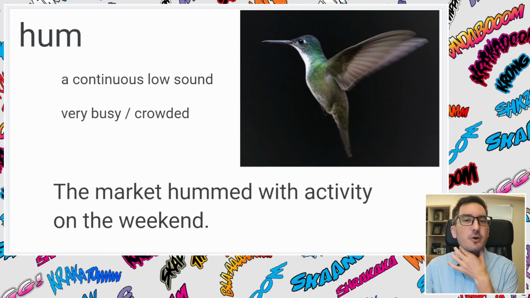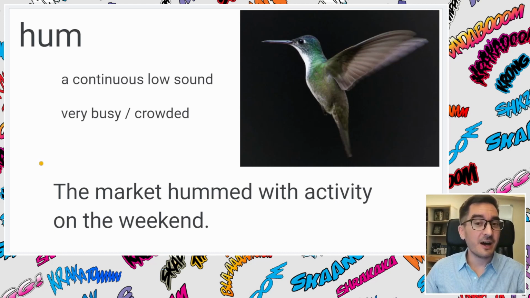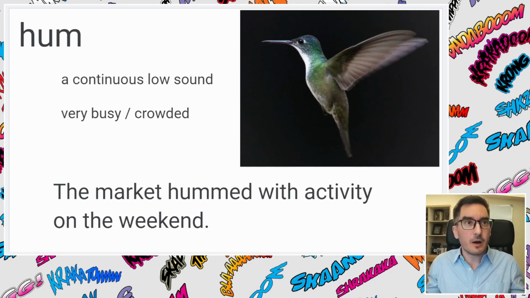Hum. So if you make that M sound, your mouth is closed and the sound comes from inside your body. A hum is a continuous low sound. So this bird is called a hummingbird because when it flies, you hear the sound hum. Okay? Hum can also be someone singing.